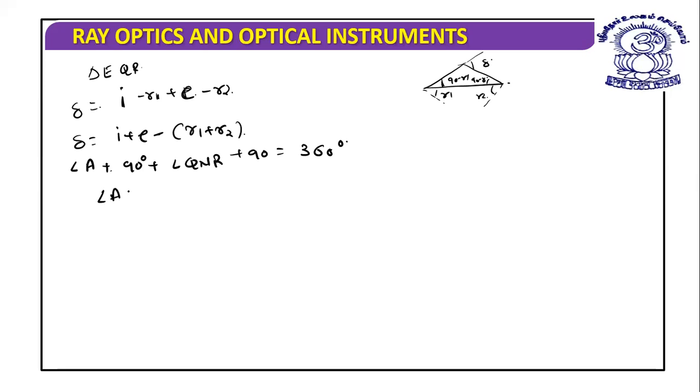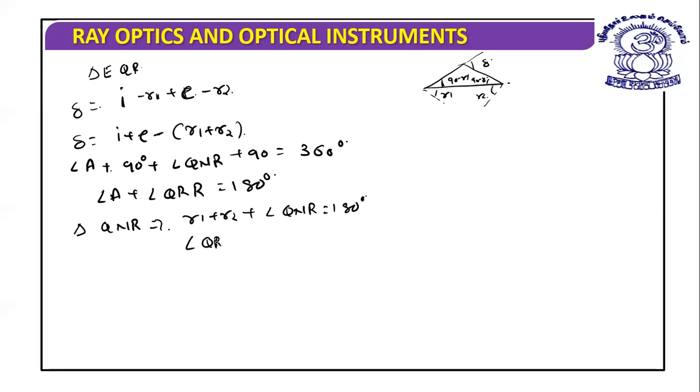So angle A plus angle QNR is equal to 180 degrees. This is equation 2. Now in triangle QNR, we can write R1 plus R2 plus angle QNR is equal to 180 degrees. So angle QNR can be written as 180 degrees minus (R1 plus R2).